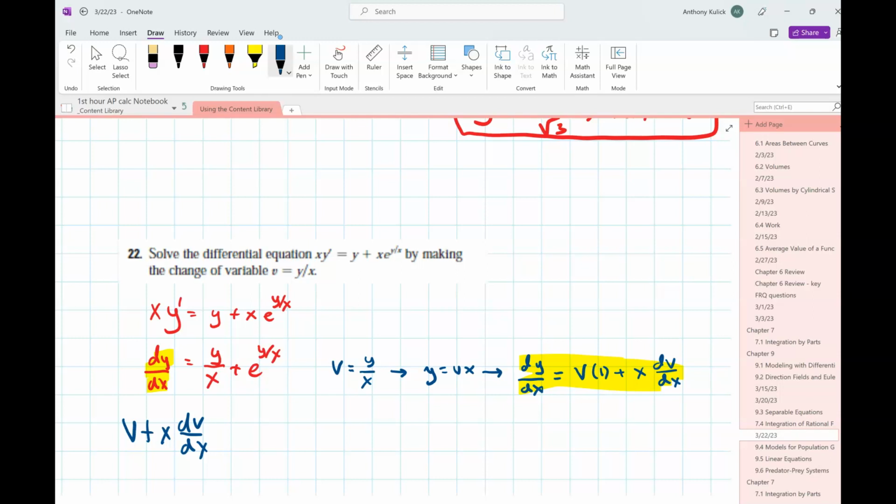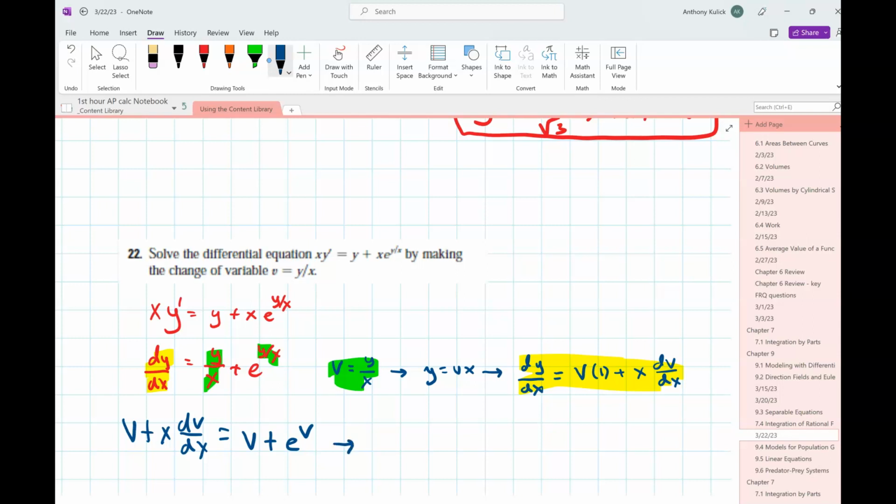And if I use this, I can make a substitution here and here. And now I think I can separate things, right?